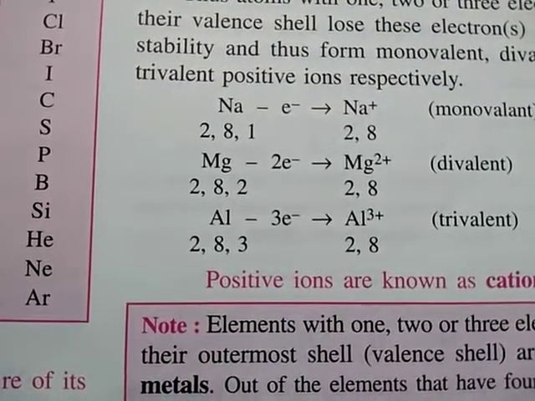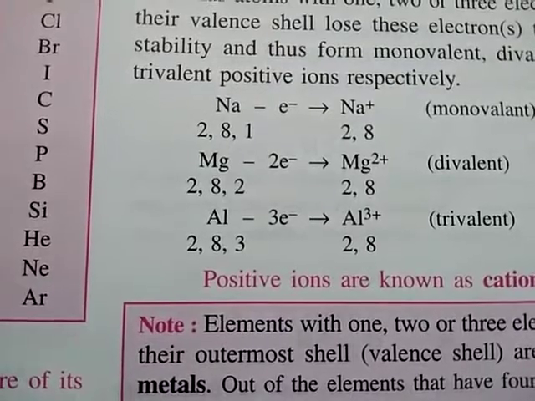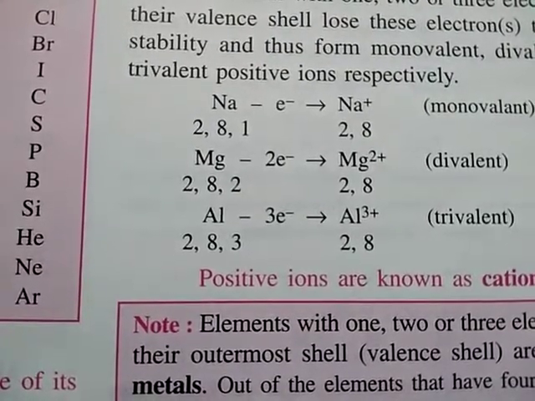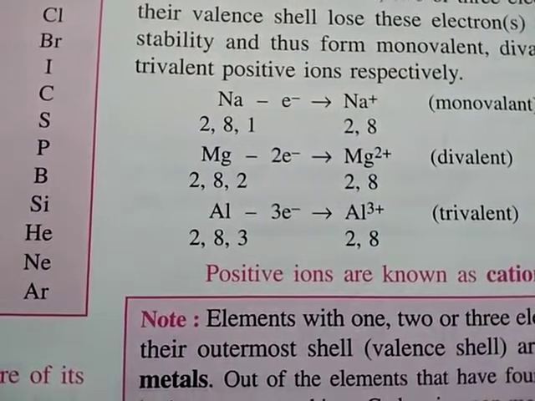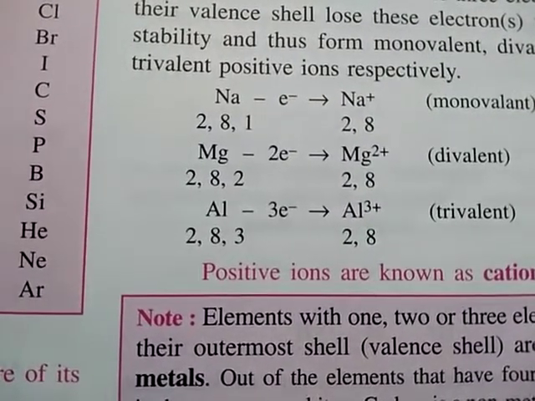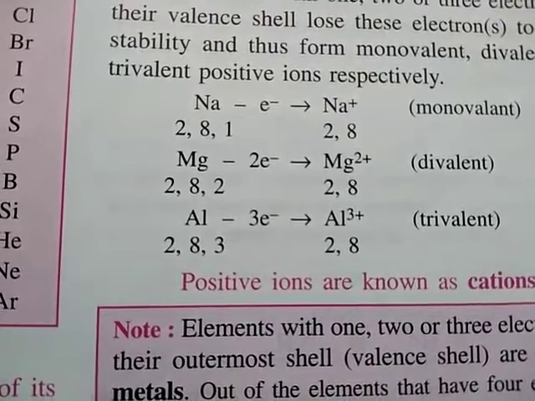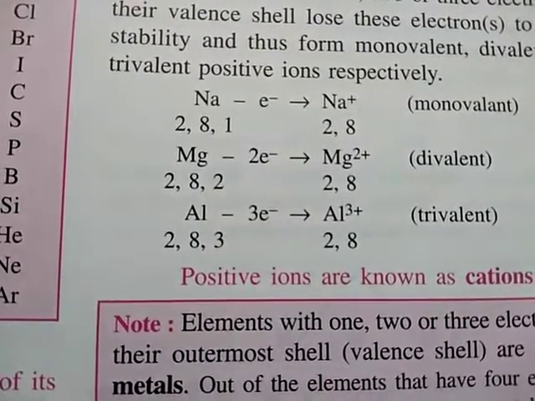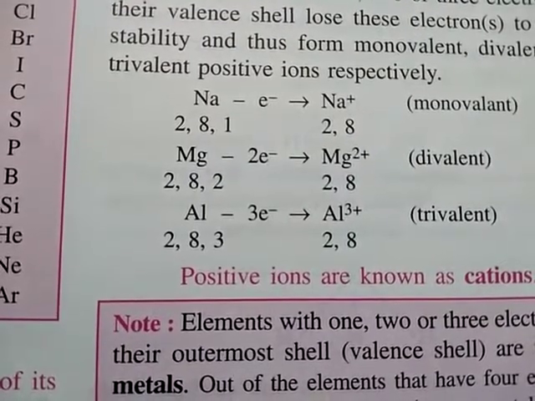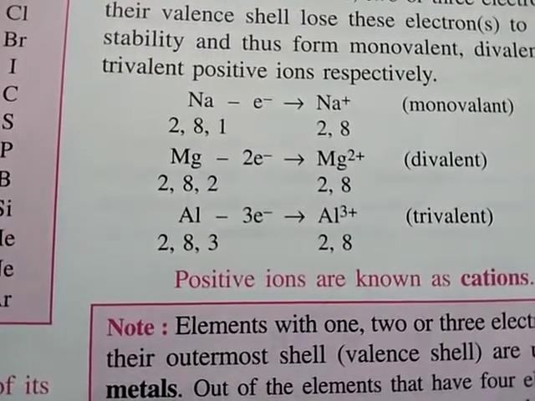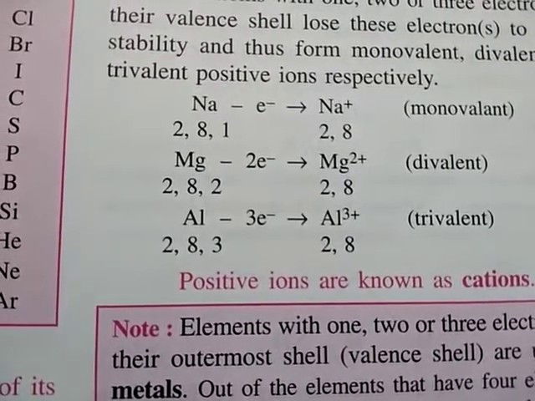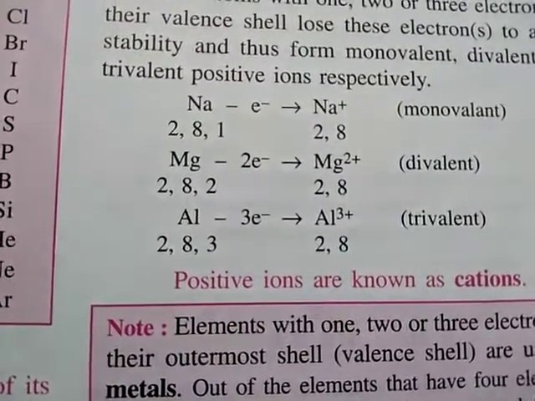Magnesium has lost 2 electrons to become Mg2 positive. And aluminium has lost 3 electrons to become Al3 positive. So for sodium the valency will be 1, for magnesium 2, and for aluminium 3.